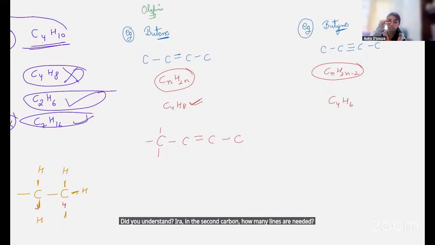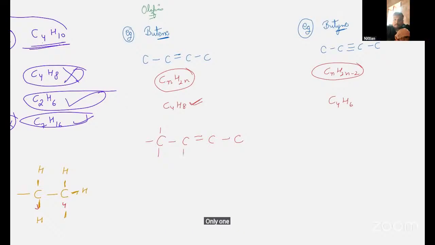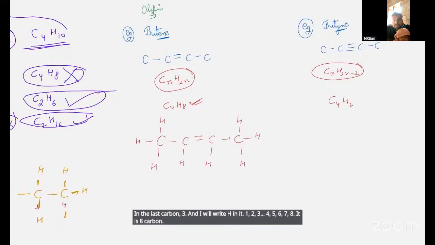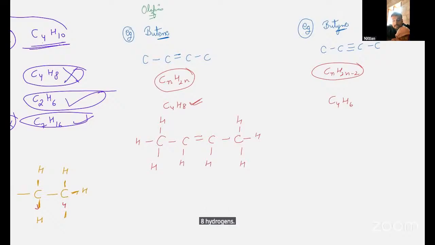Only 1, because it makes 4. In the third carbon, again 1. In the last carbon, 3. And I will write H in it. 1, 2, 3, 4, 5, 6, 7, 8. It is 4 carbon, 8 hydrogen. Got it? Yes or no?